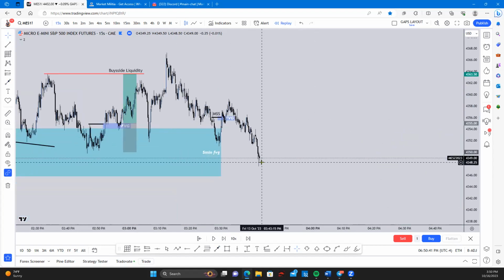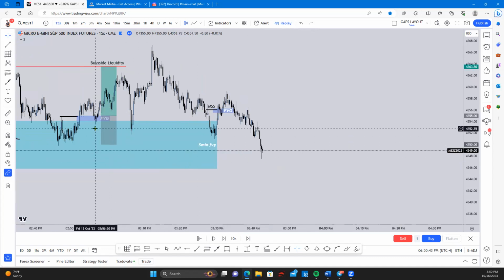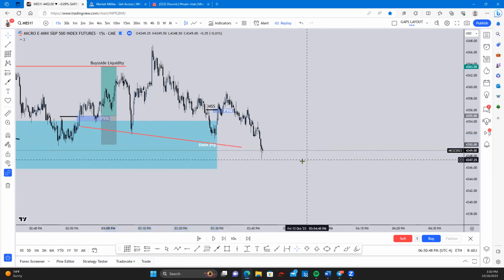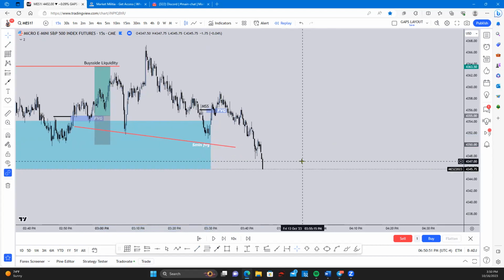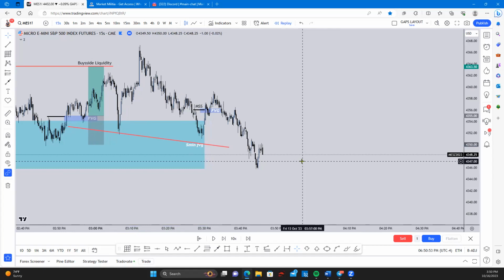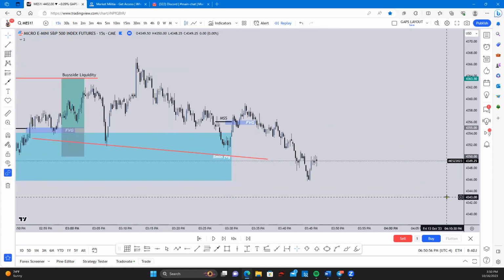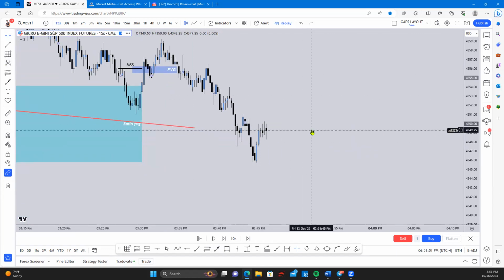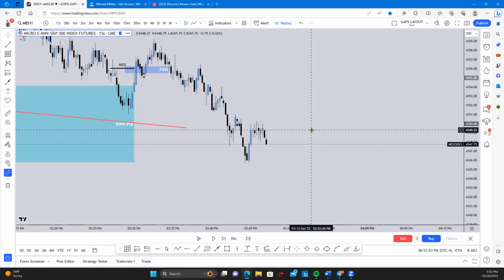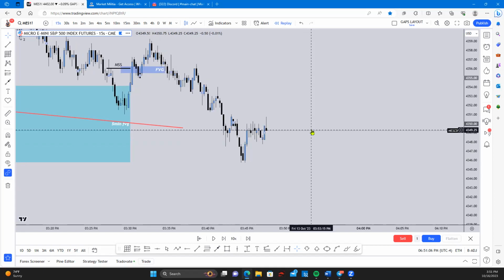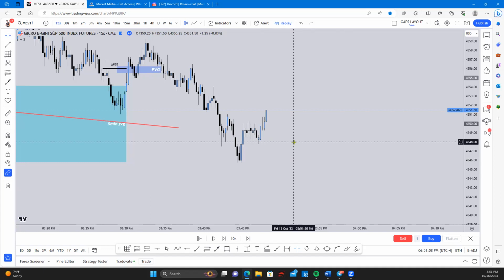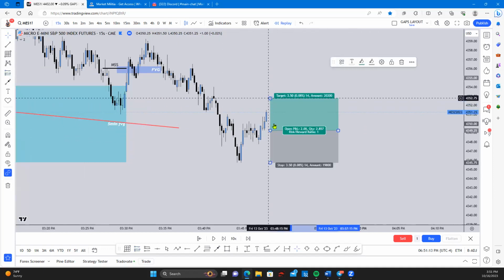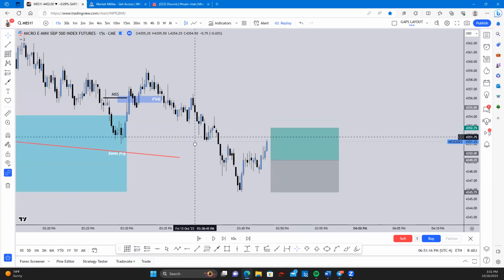See here, we took out some more liquidity in there. All of these lows were taken out. Okay, we start to shift higher. I would be a buyer in here, stops below the low.